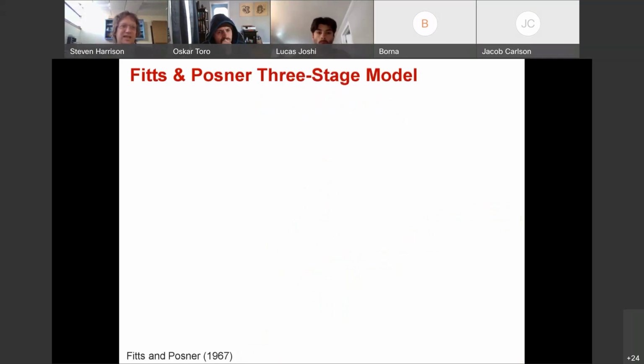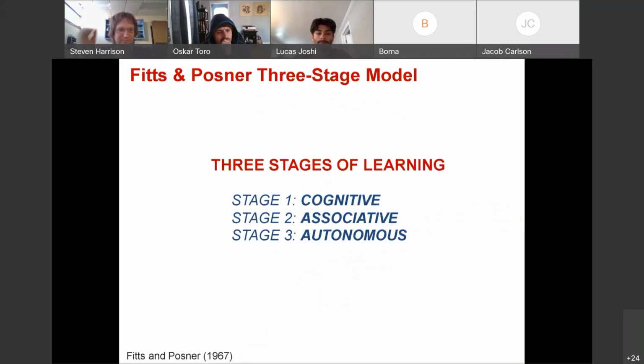The first one is the Fitts-Posner three-stage model of motor learning. We have three stages of learning: a cognitive stage, an associative stage, and an autonomous stage. When you work through this material, as hinted at in the study guide, I want you to wrap your head around what's going on in each of these stages and what's going to matter in those different stages.